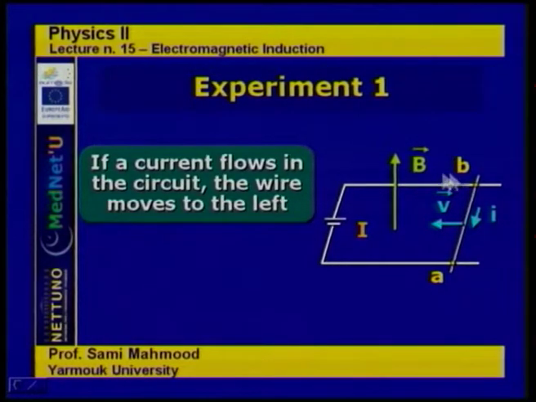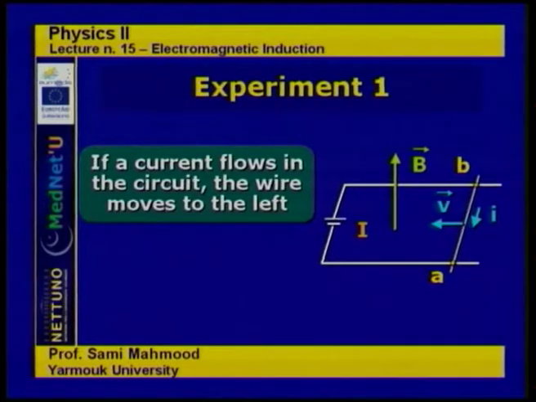If in experiment number 1, instead of moving the wire and producing electromotive force, we reverse the situation, and we have an electromotive force that is driving current along the circuit, and the rod BA is free to move, then the magnetic field will exert force on all the wires in the circuit, but all the wires are rigid except the wire AB.